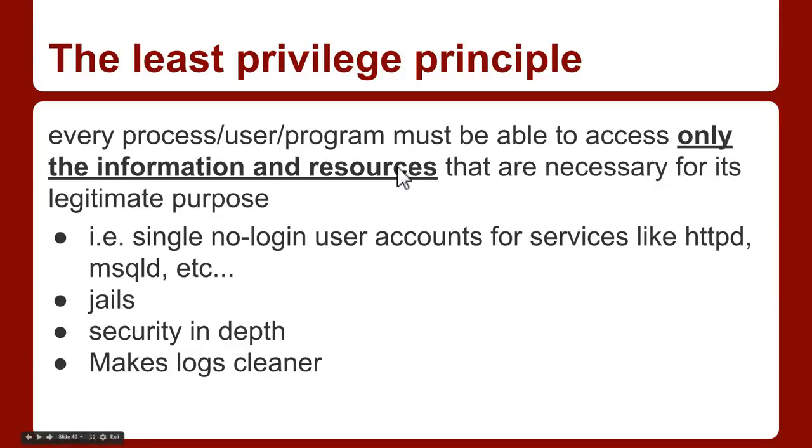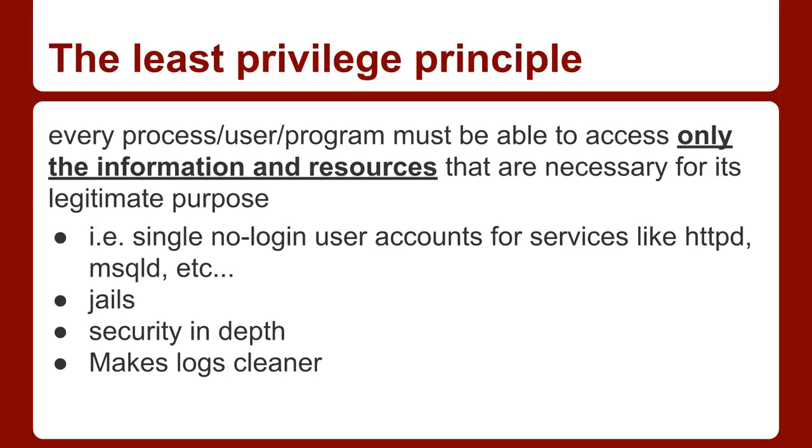So I've talked a lot about this thing called the least privilege principle, and effectively this principle embraces the notion that every process, every user, everything must be able to access only what it needs to and nothing else.